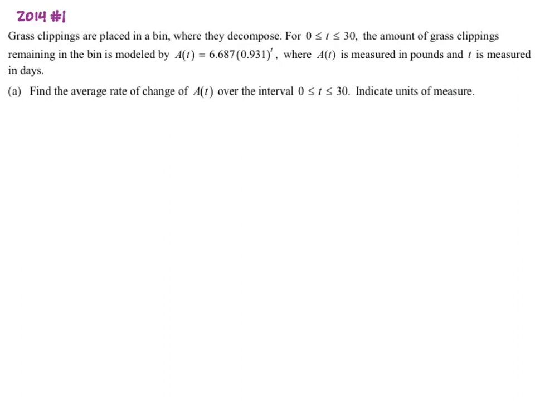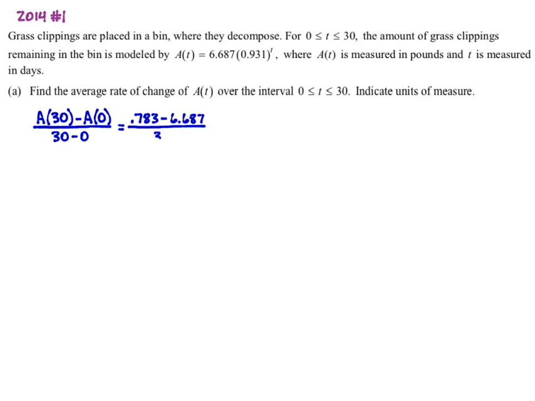So for part A, it says find the average rate of change of A over the interval 0 to 30. So that should be pretty easy. The average rate of A is just going to be A of 30 minus A of 0 over 30 minus 0. And then we can type this into our Y list, and then just type in Y1 parentheses X close parentheses evaluated when X equals 30, and then when X equals 0.